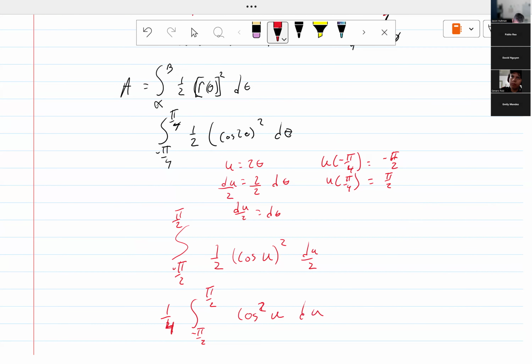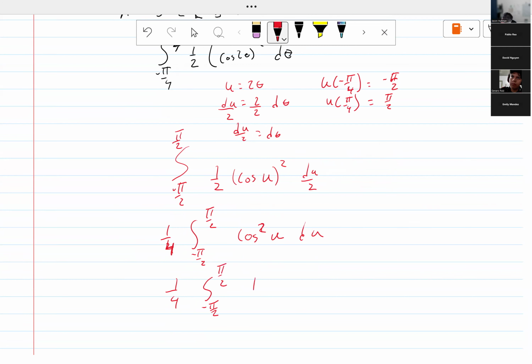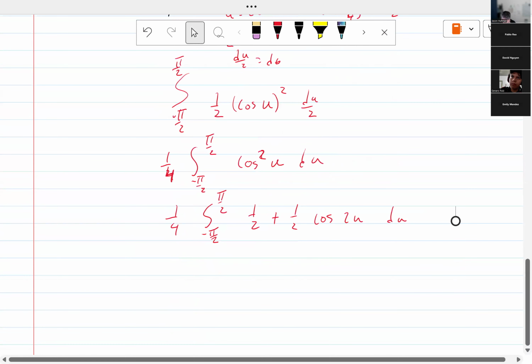Now what we have to do is change the cosine squared u using a half angle identity. So this is 1/4 times the integral from negative pi over 2 to pi over 2 of 1/2 plus 1/2 cosine 2u du.